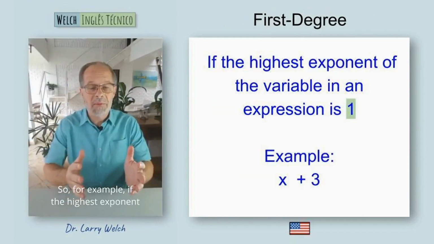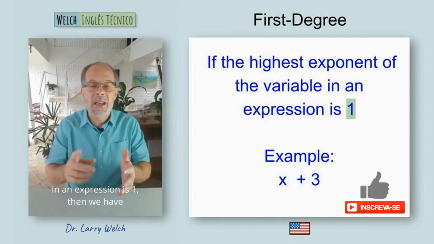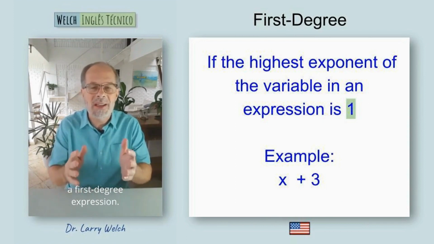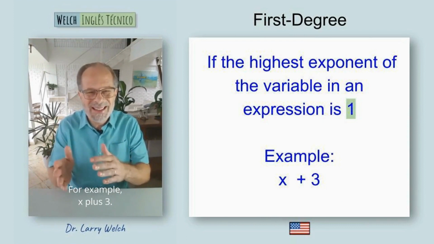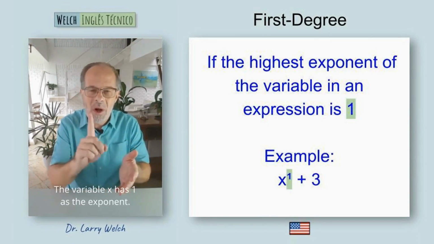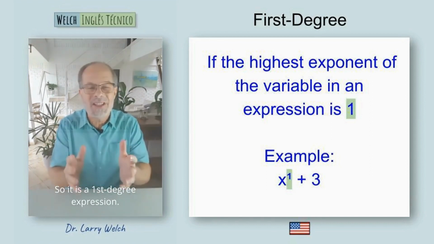So, for example, if the highest exponent in an expression is 1, then we have a first degree expression. For example, x plus 3. The variable x has 1 as the exponent, so it is a first degree expression.